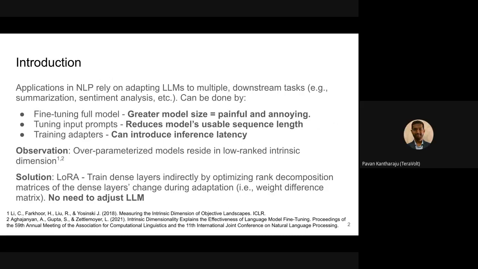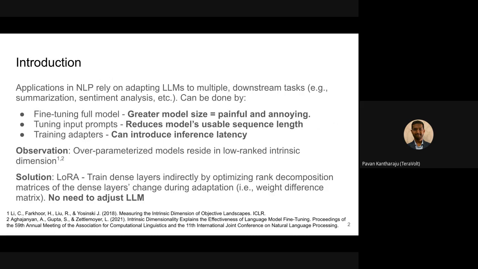Yeah. So the idea here is that with LoRA, essentially you're taking that idea of the low intrinsic dimension. What you're doing is that you have your fine-tuned weights and your pre-trained weights, and if you take the difference of those, you have this delta. What they're doing is optimizing a decomposition of that delta, that difference.